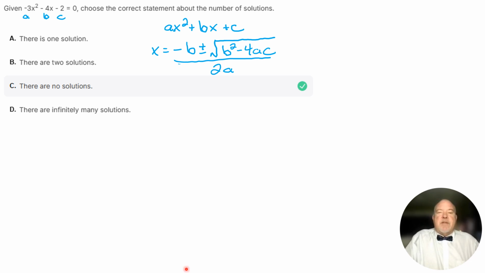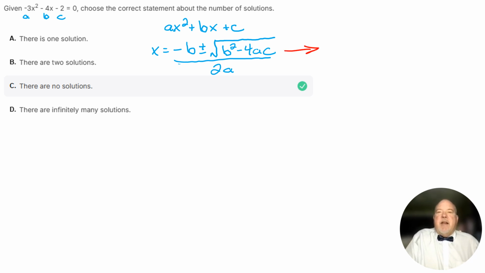We said we were going to use the discriminant to determine how many solutions there are to this equation. The discriminant is this piece underneath the radical, underneath the square root here. B squared minus 4 times a times c. So let's see what the value of that is for our equation. All right, so I'm going to take the discriminant. It's again this piece right here.